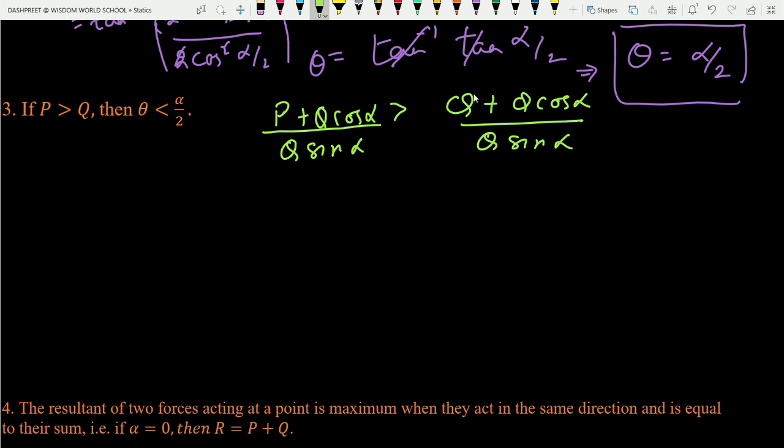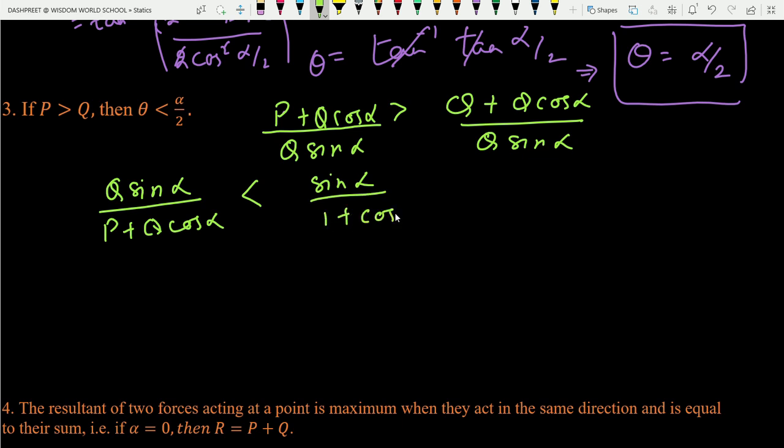Now here Q is common in both denominator and numerator, so we will cancel it out. By inverting this, we get Q sin alpha divided by P plus Q cos alpha less than, cancelling Q, sin alpha by 1 plus cos alpha.